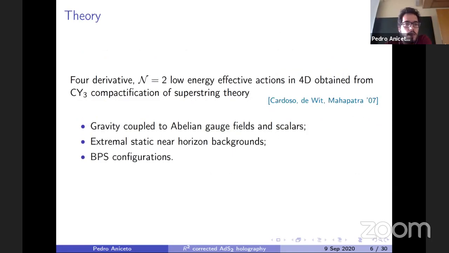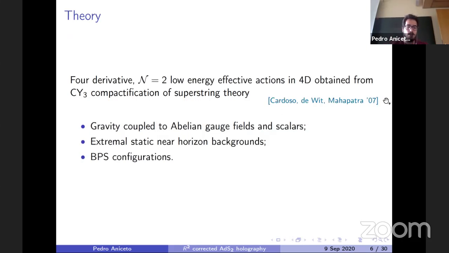So we are focusing on 4 derivative N equals 2 low energy effective actions that we use in 4 dimensions, and they are obtained from Calabi-Yau threefold compactifications of superstring theory. They are described, for example, in this paper.